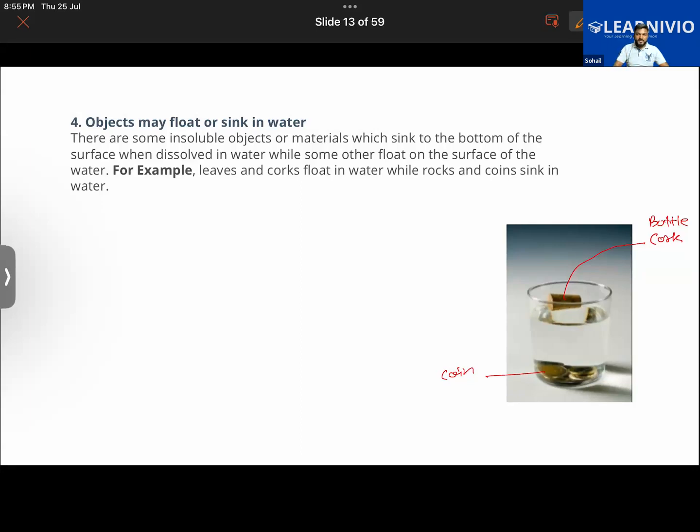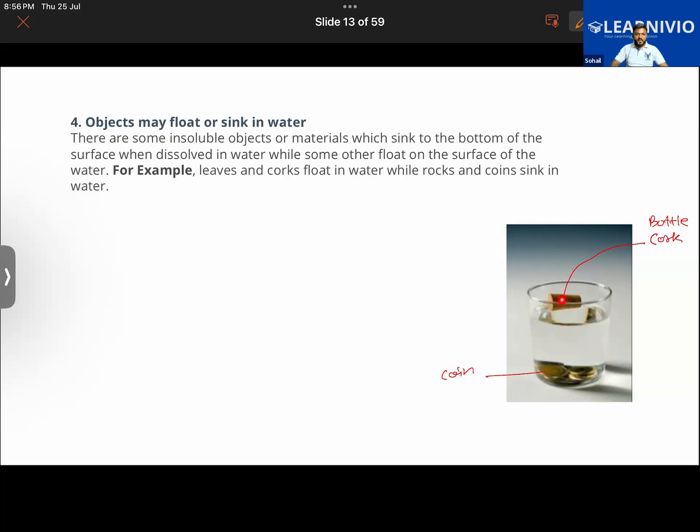The same cork is used in the badminton shuttlecock also. So it is very light in density, having a much lower density as compared to water. So thereby, it will be floating above it.